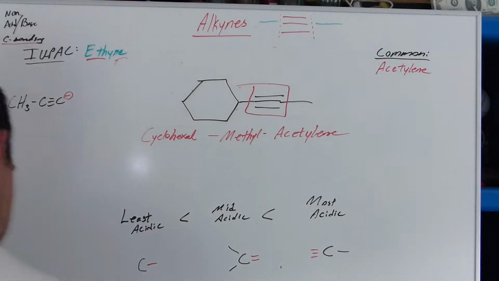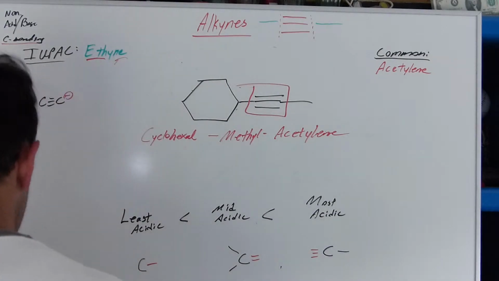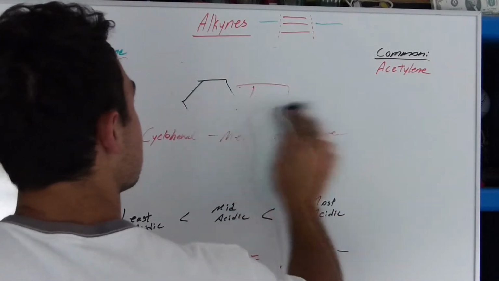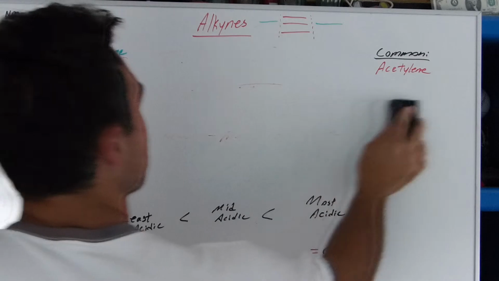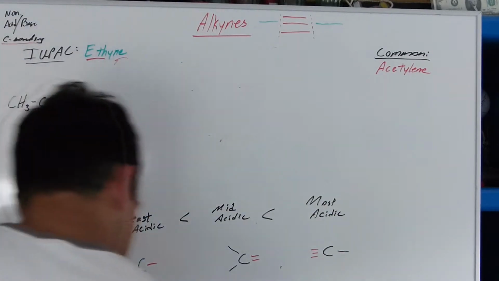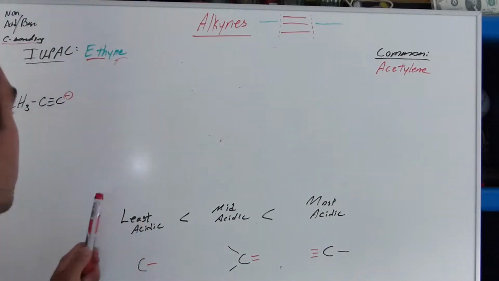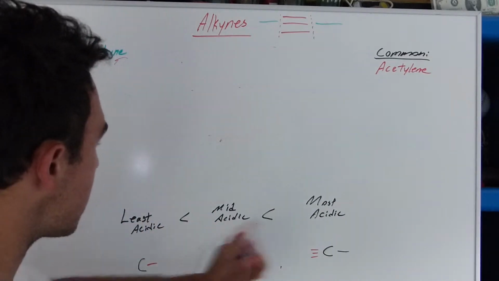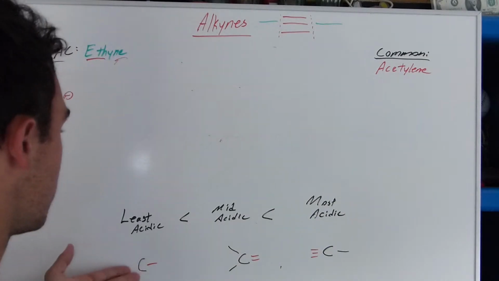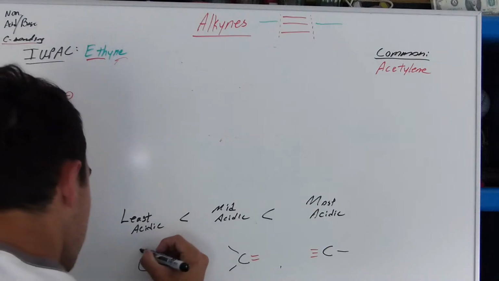So that's that. Now, let's discuss some fundamental rules for acids and bases. I already drew this out, figured it'd be a little easier so I can just jump through it. Least acidic, mid acidic, most acidic. Here we have one bond.